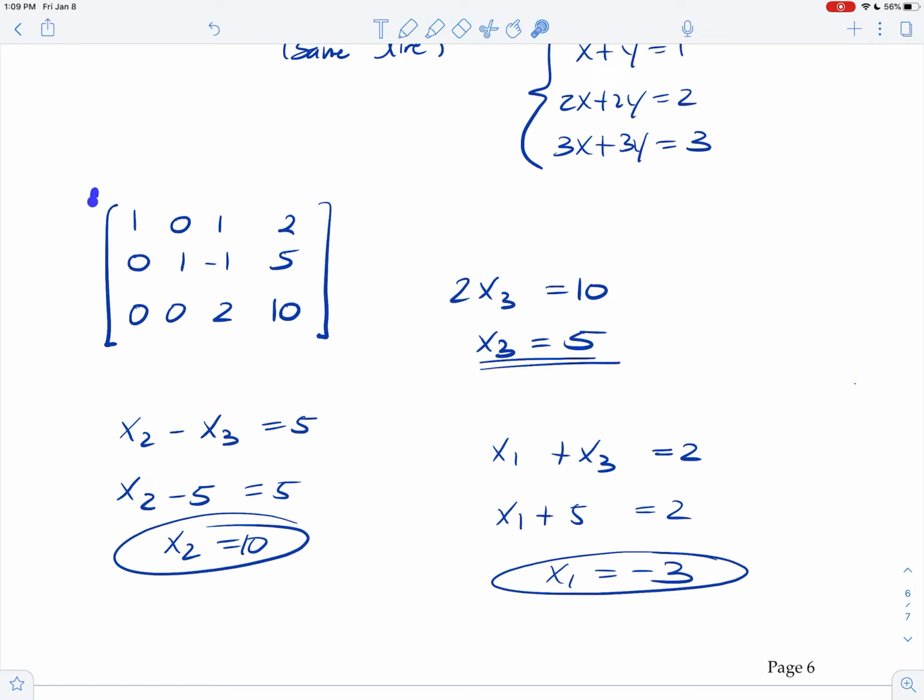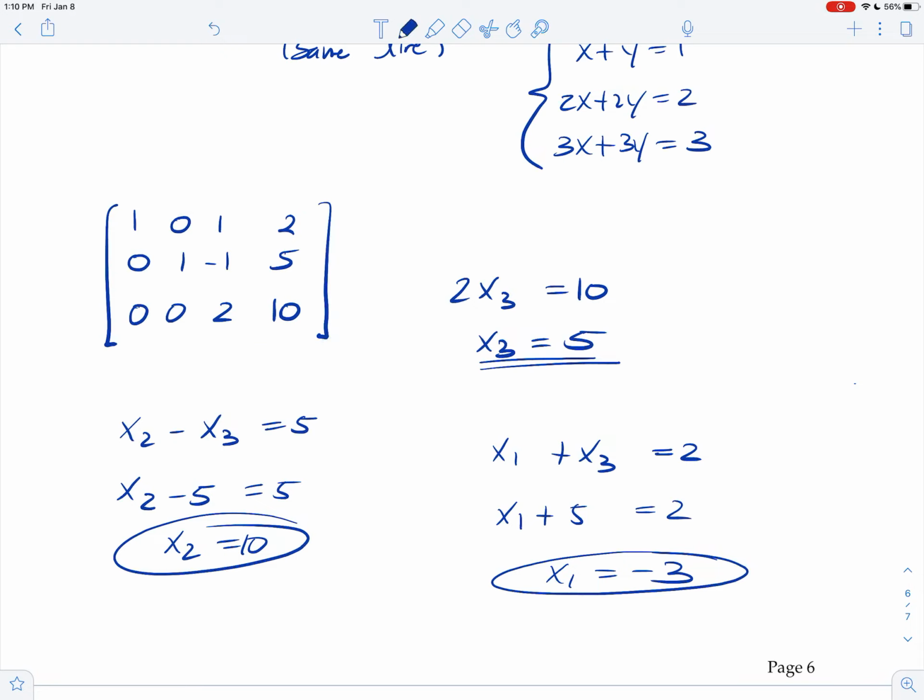So the point is, once you can row reduce your matrix down, it doesn't matter if there are ones here or not for the purpose of solving, as long as you get a row like this, where there's a non-zero here and a number there, then you can easily solve for one of the variables and then plug it back in.